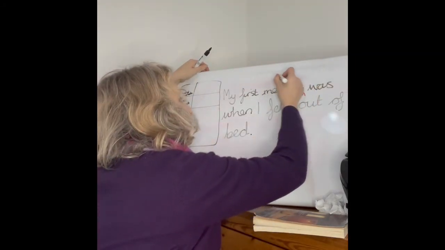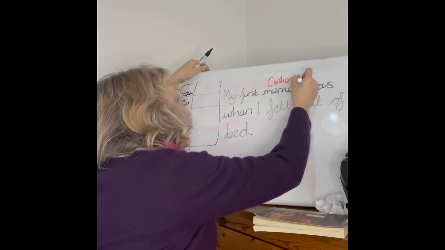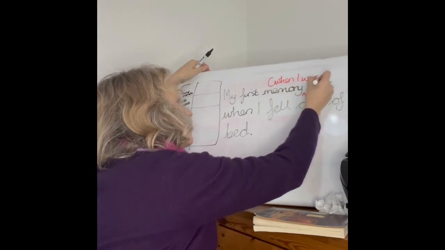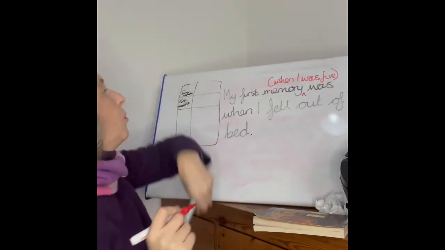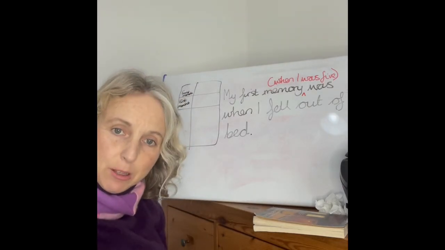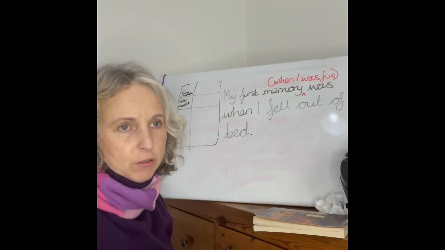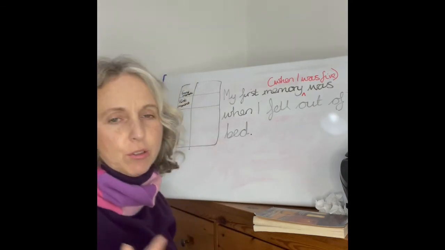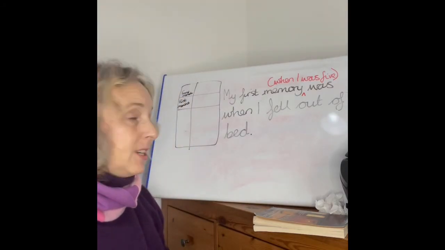My first memory when I was 5 was when I fell out of bed. So now the reader's got a little bit more information. They've got the context. We're not talking about a 2-year-old or an 85-year-old. We're talking about being 5 years old. And it's got that bit more information, hasn't it?